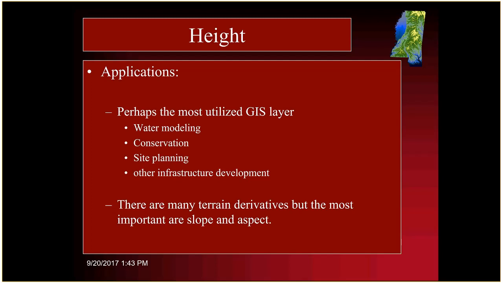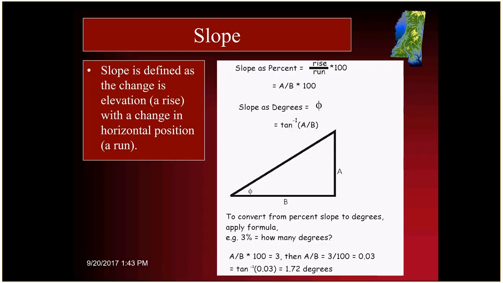I don't know the slope because I don't know the values around me. So slope is really a neighborhood operation, because we need to know the values around it. We could calculate the slope between any two cells. If this was 50 and this was 49 in two different cells, I can just plug that into the formula.